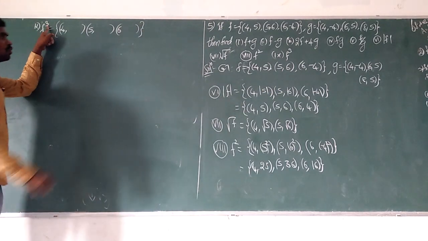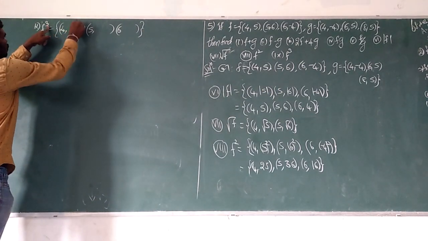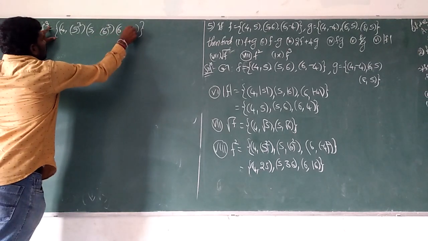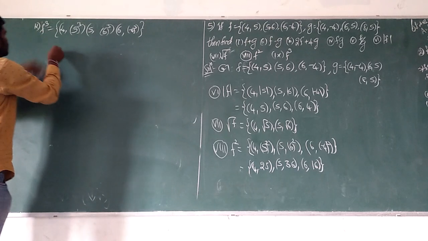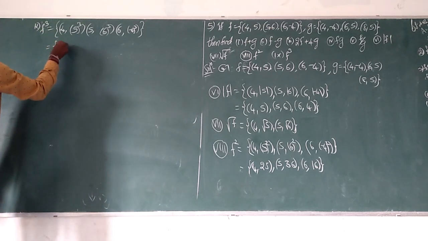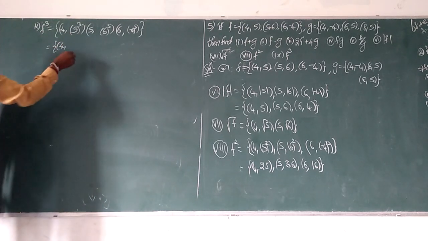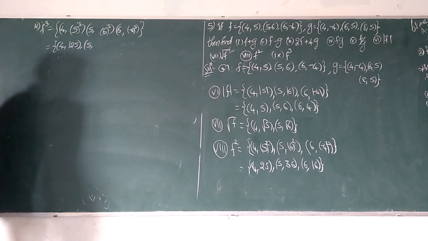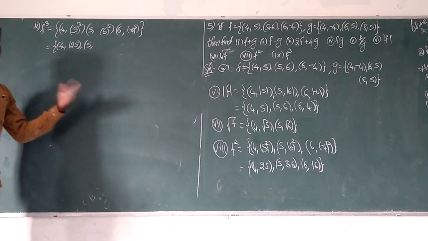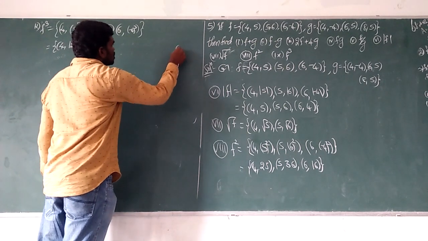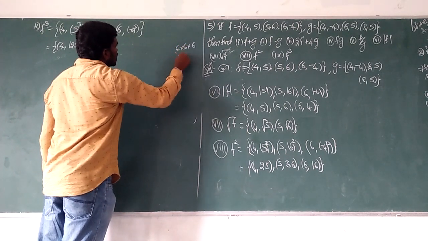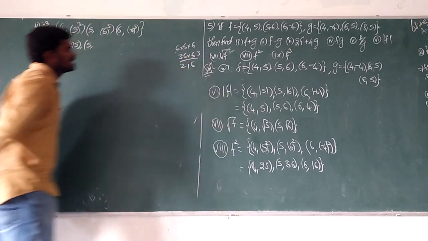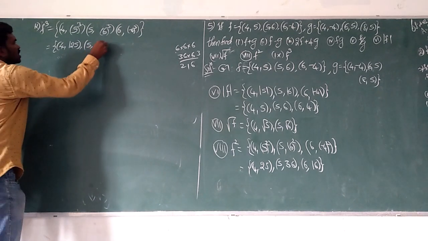For that do cube. So 5 cube, then 6 cube, then minus 4 whole cube. Which is equal to 4 comma 5 cube, which means 5 into 5 into 5. How much? 125. 5 comma 6 cube means 6 into 6 into 6. 6 sixes are 36, 36 into 6 is 216.